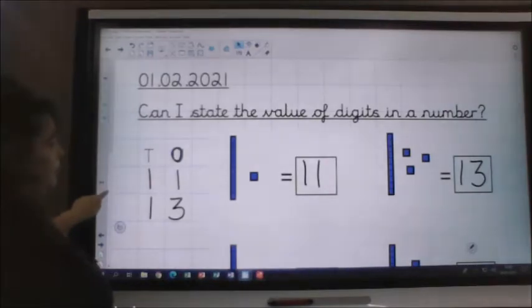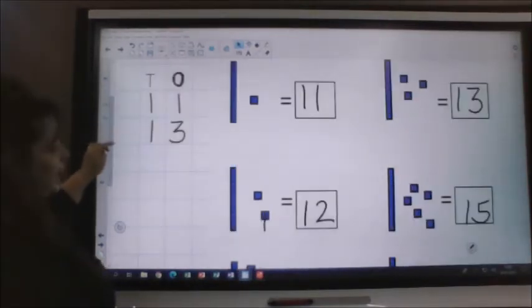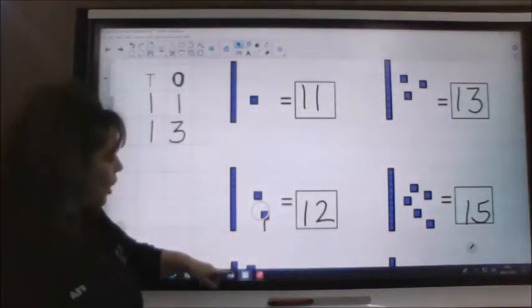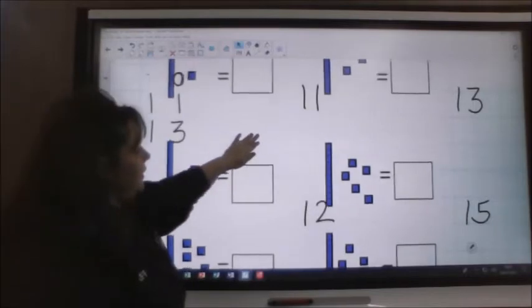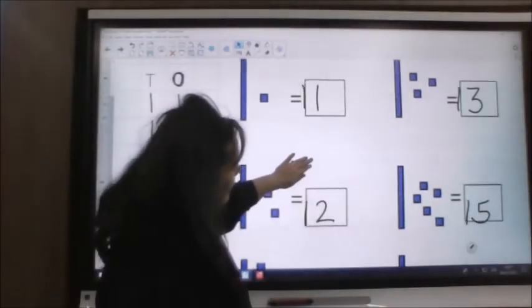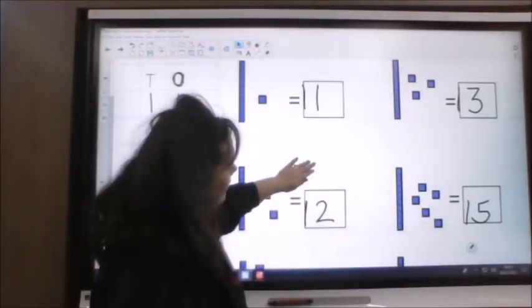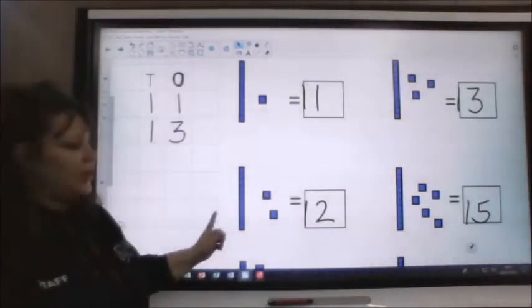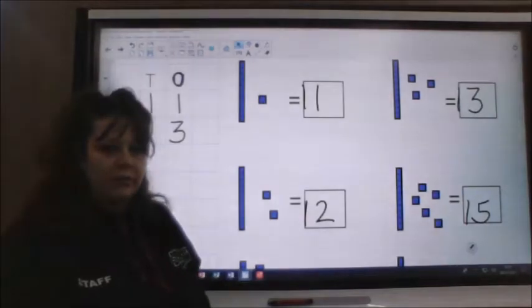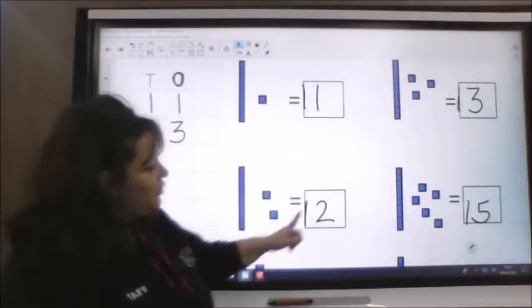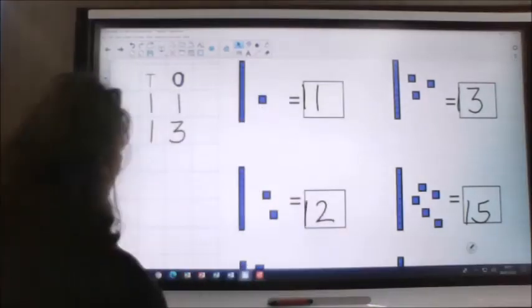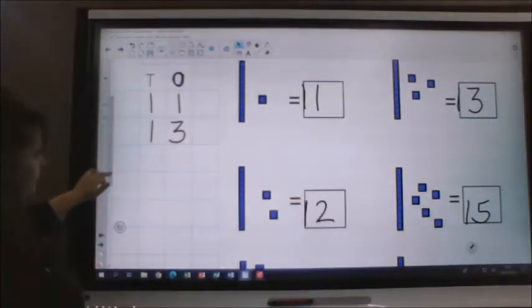Okay, let's move the board down a little bit. So here, 1 ten and 2 ones, we'd write that as 12. And then 1 ten and 5 ones, we'd write as 15.